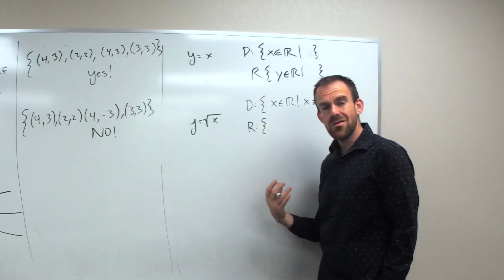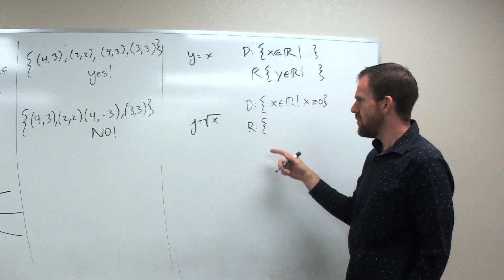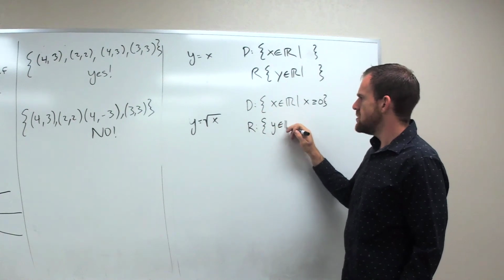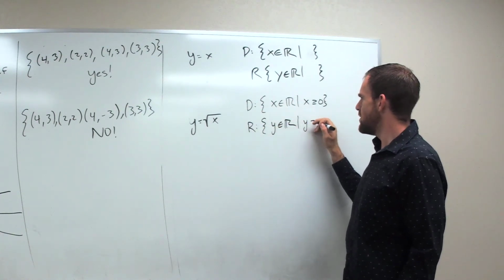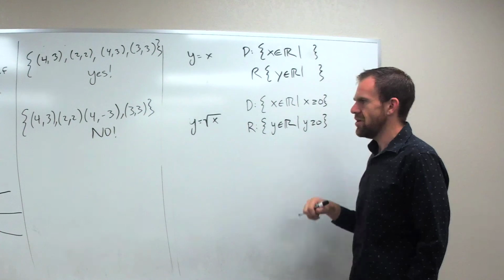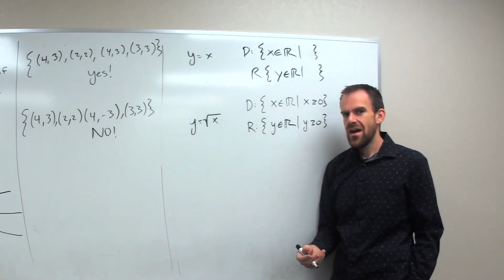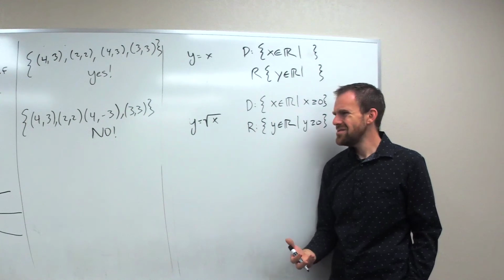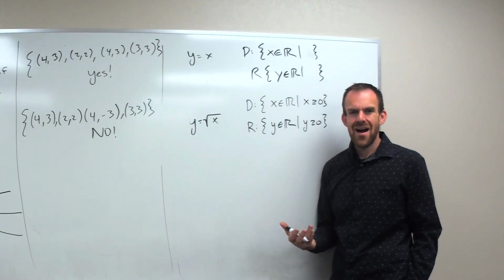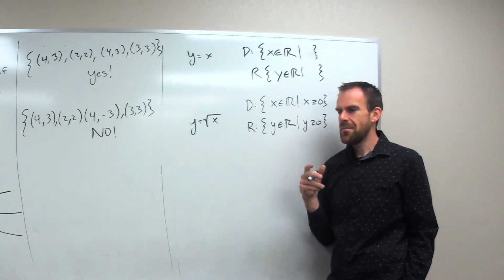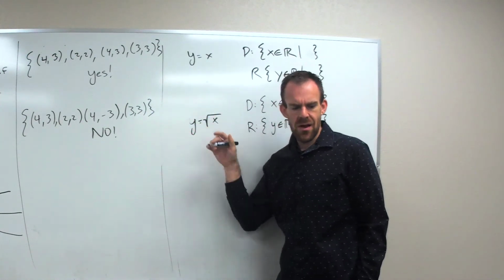If not, you can graph it, and oftentimes that'll help you. The range is also only non-negative numbers. So I can plug in 0, and if I plug in like 2, 4, 9, 16, I get positive numbers out, right? I'm never going to get a negative number out of those.